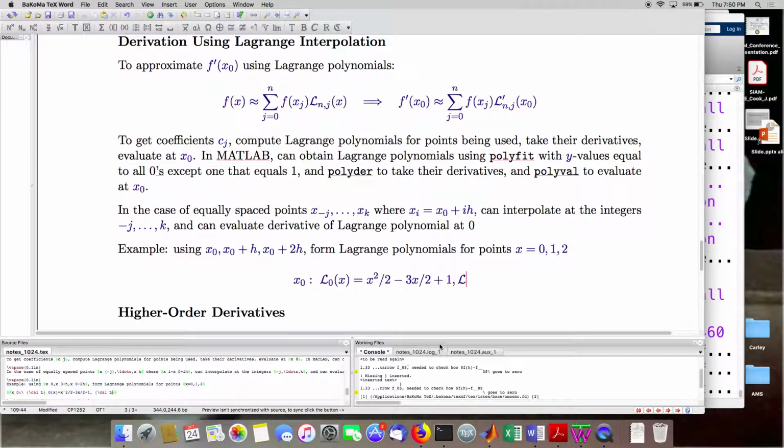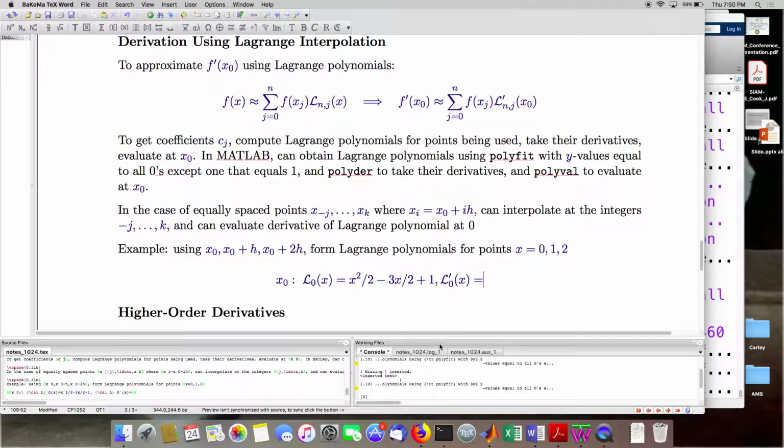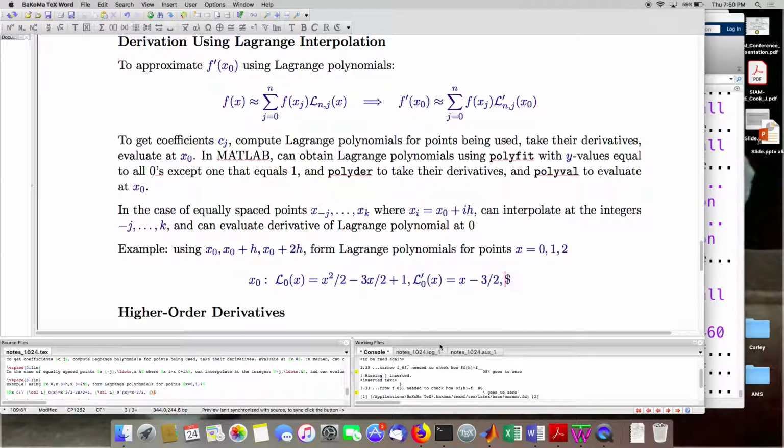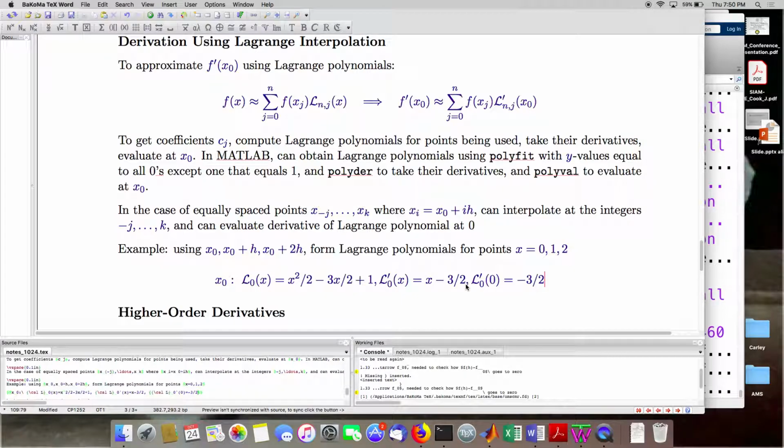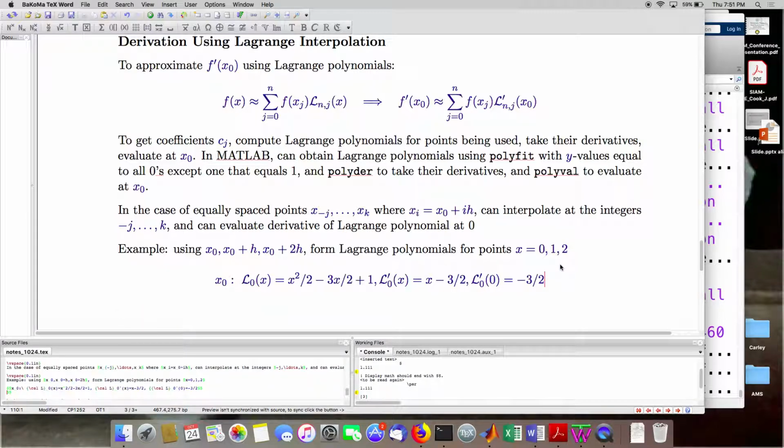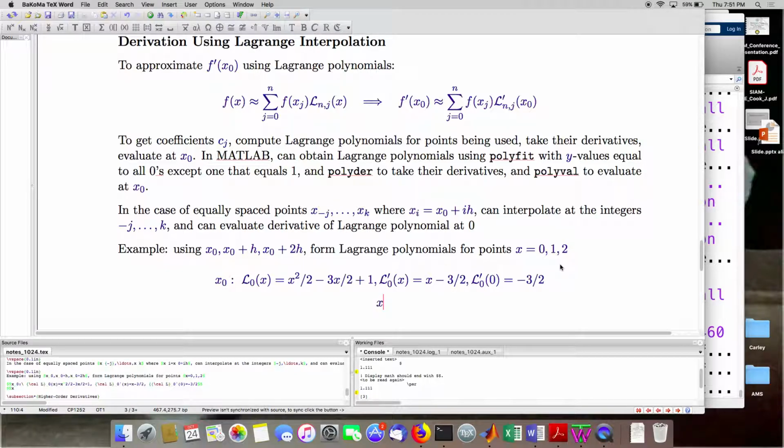Therefore, its derivative is going to be x minus 3/2. I evaluate that at 0, so I plug in x equals 0 here, and I get minus 3/2. Remember the coefficient I got for this point before was minus 3 over 2h, so you just remember to put the h down in the denominator. Now I do the same thing at x equals 1.